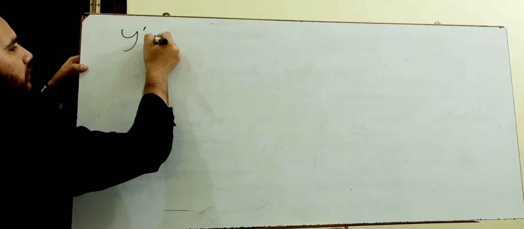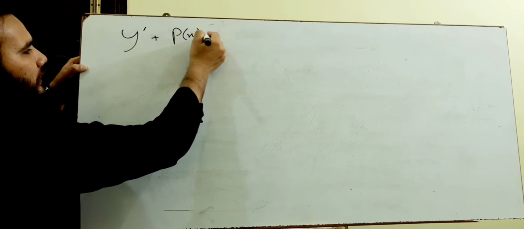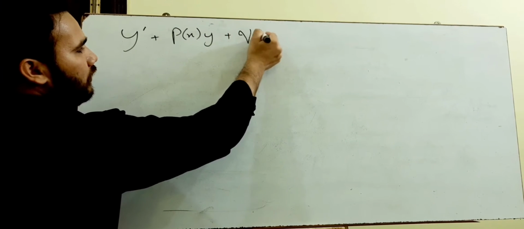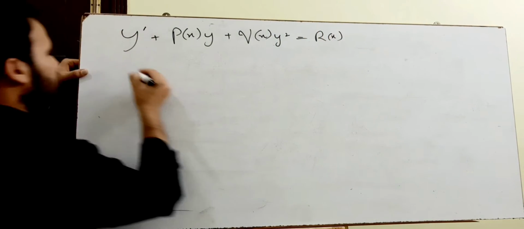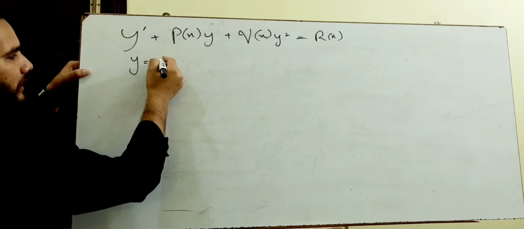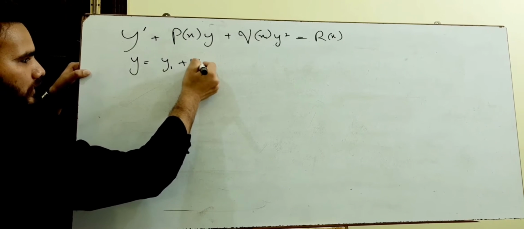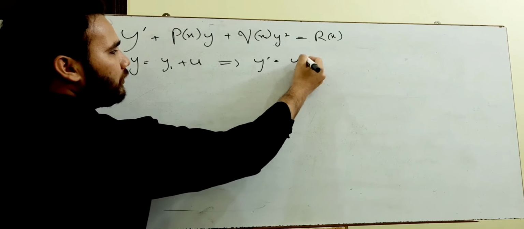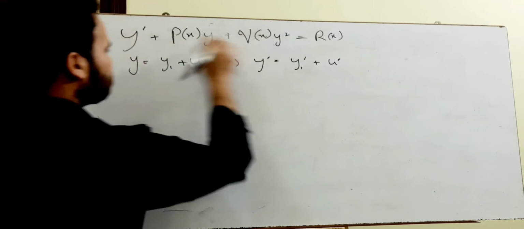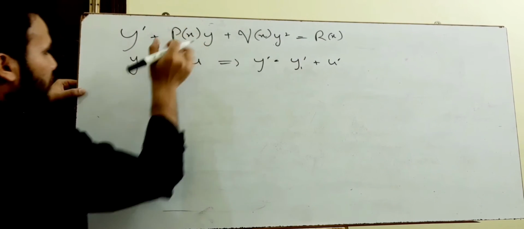y prime plus p of x y plus q of x y squared equals r of x, some function. If I assume that y equals y1 plus u, then y prime equals y1 prime plus u prime. I substitute this here.